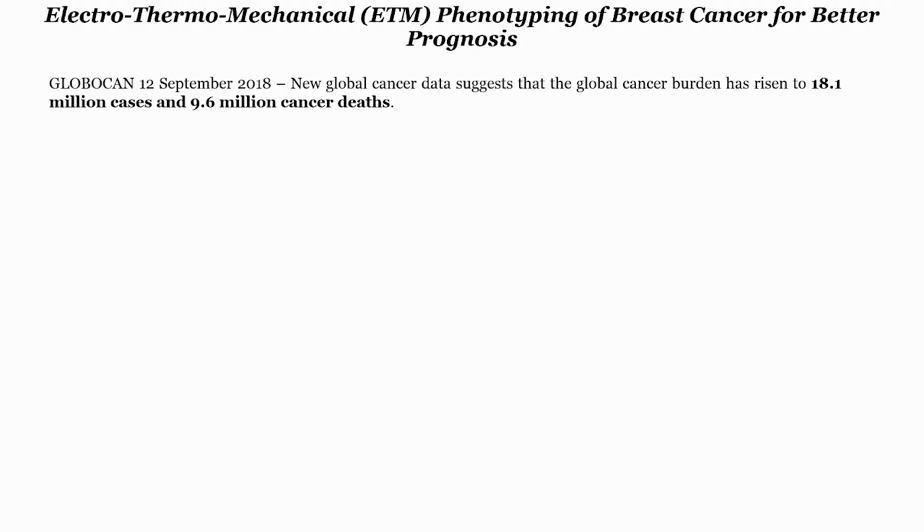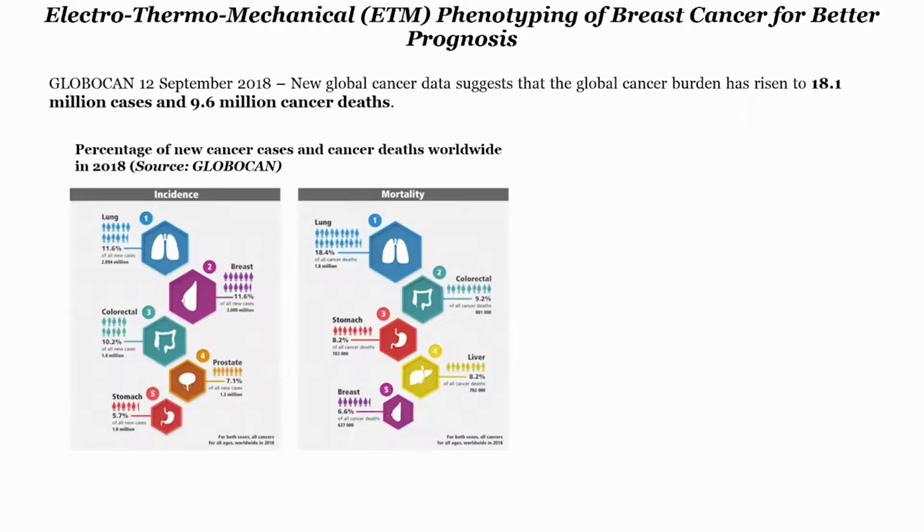According to GLOBOCAN in September 2018, the cancer burden has risen to 18.1 million cases and close to 9.6 million cancer deaths. It is a huge value. And you can see here that in incidence versus mortality, lung cancer leads to quite an extent.